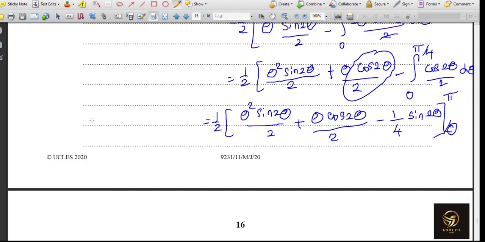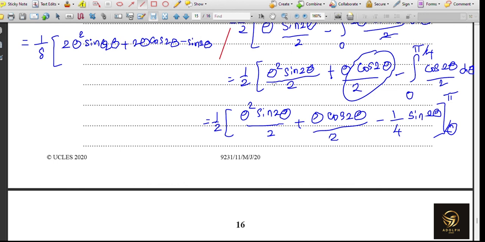For further simplification, all of them are having denominators 2 to 4, so I can take 4 as common. Already 2 is out, so it will become 8, and the numerator is going to be 2 theta squared sin 2 theta plus 2 theta cos 2 theta minus sin 2 theta.